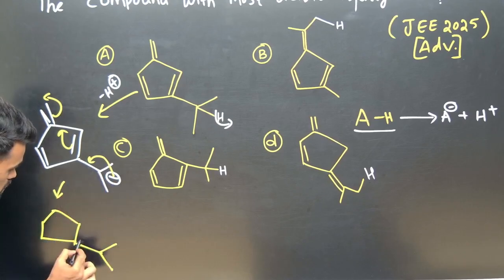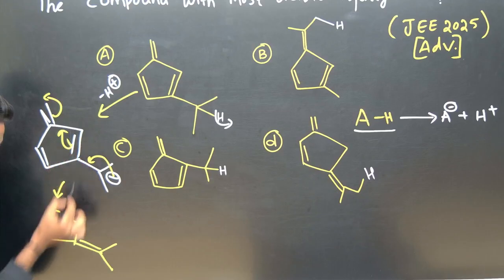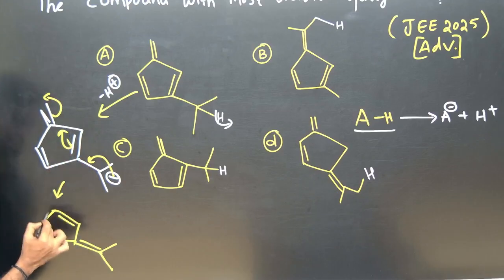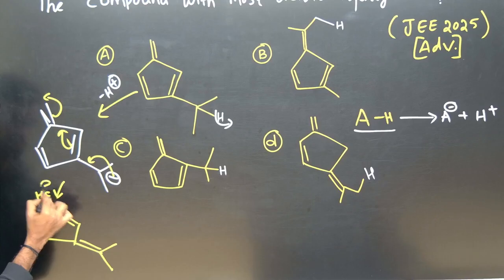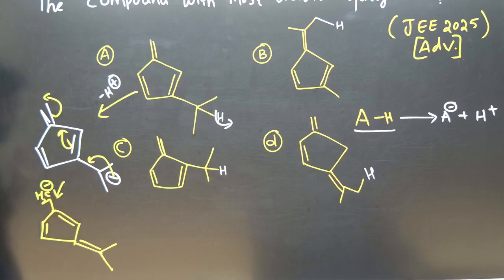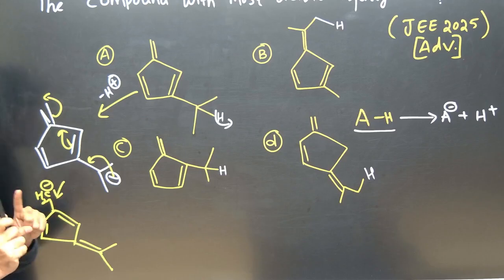The negative charge is shifted over here, this pi bond shifts here, and this pi bond shifts onto this carbon, so that we get a resonating structure like this. Hope it is clear. Now it has cross conjugation.